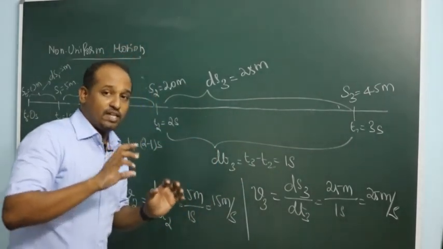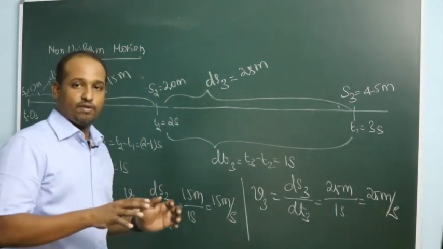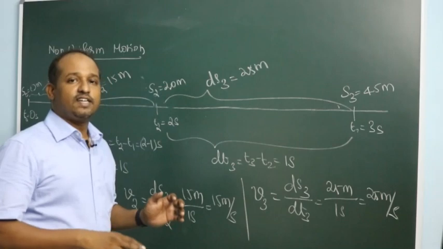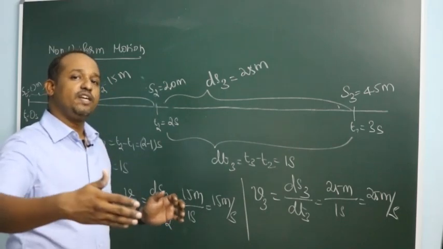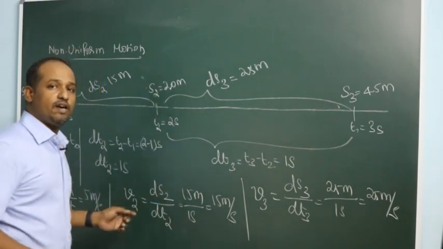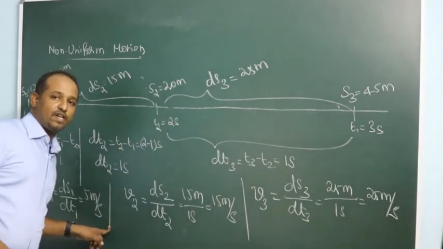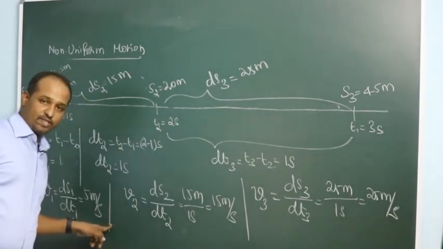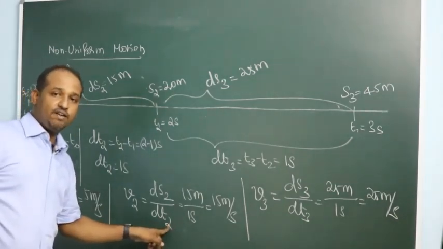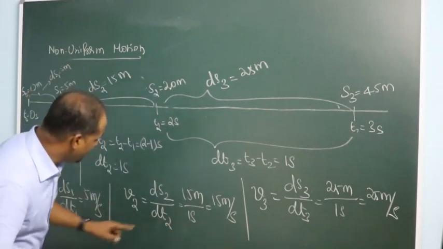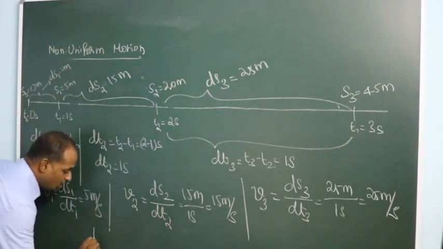But there is a beauty in this. In non-uniform motion, it is not necessarily that the velocity should change with a constant value, but here you look at the first instantaneous velocity, 5 meter per second. Next instantaneous velocity, 15 meter per second. What is the change in velocity in just 1 second?